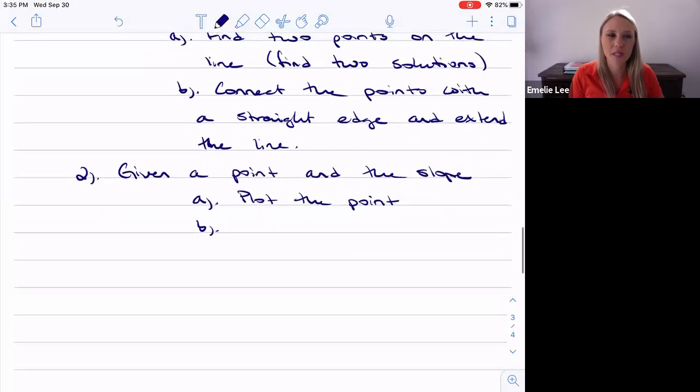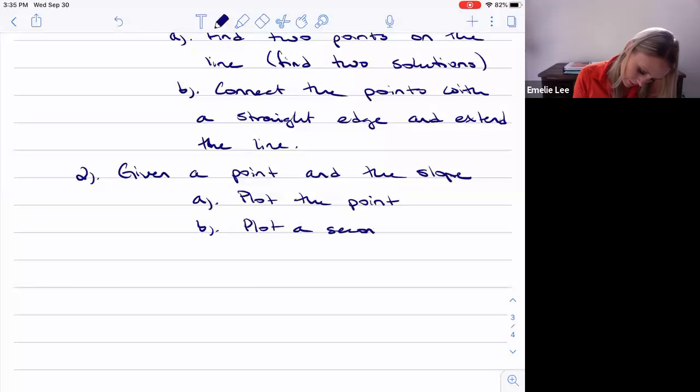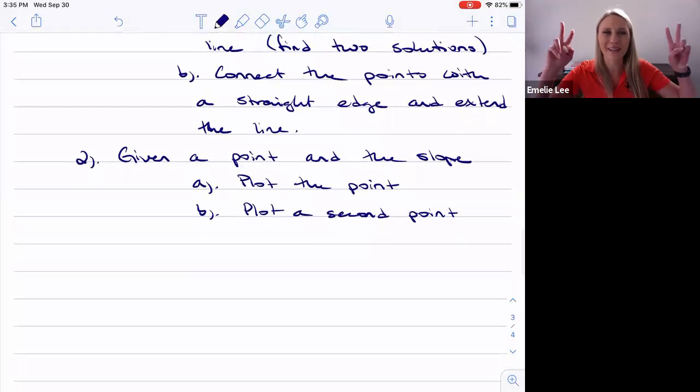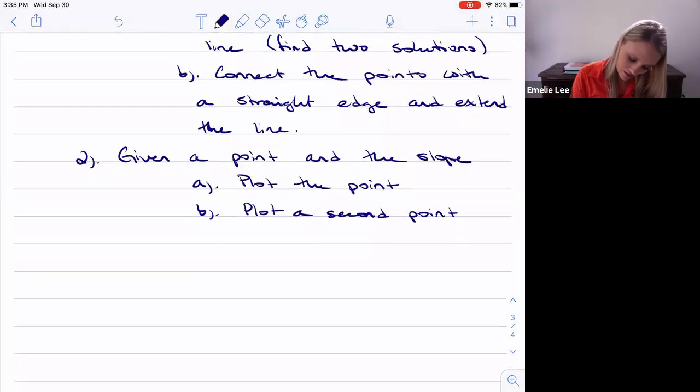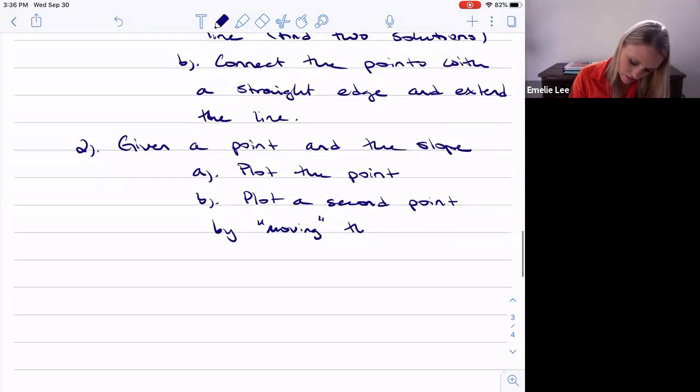And then plot a second point by moving the slope amount.